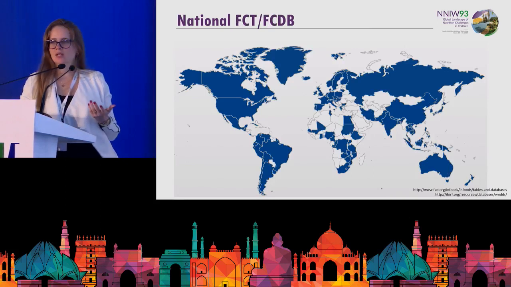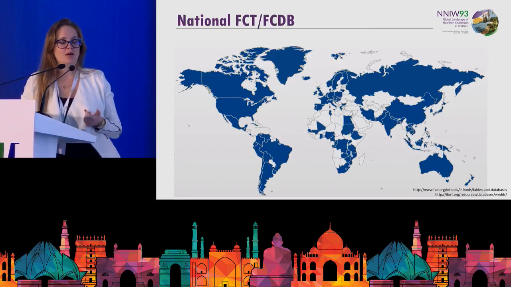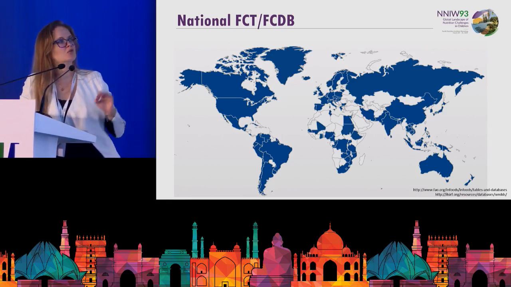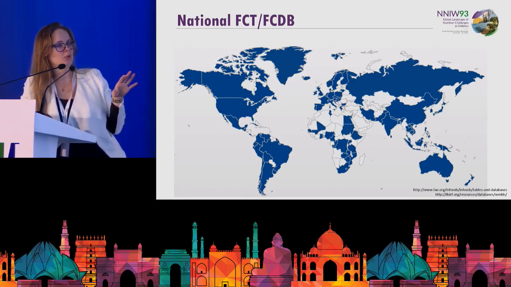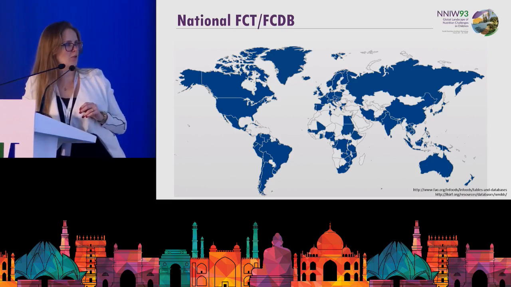If we look globally, almost three quarters of all countries have already published at least one food composition table. So all countries in blue here have published at least one food composition table.